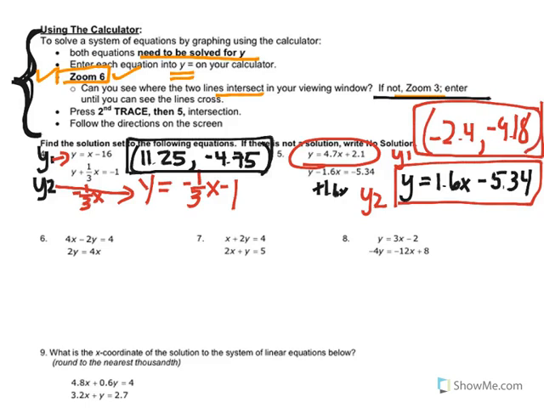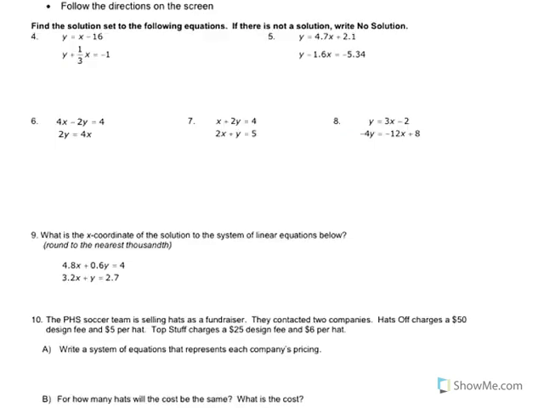Okay, I want you to try number 6 without my help. Hit your pause button and go through the motions to get number 6. Okay, so as you're trying number 6, I hope you're solving for y. Now remember, we want to take the x over and divide.